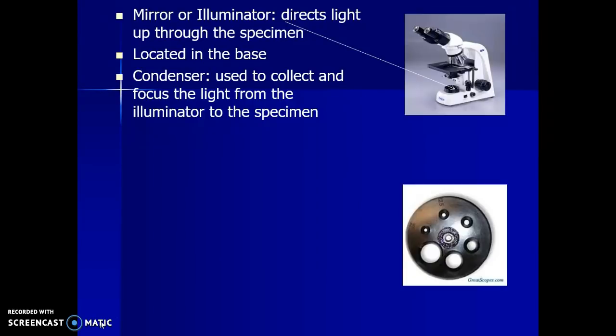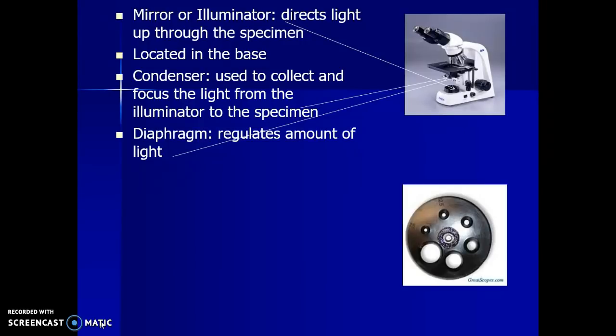The condenser is used to collect and focus the light from the illuminator onto the specimen. The diaphragm controls how much light can pass through, so you can adjust it to make your image brighter or darker. Discs with different sized irises or openings are present in the diaphragm.